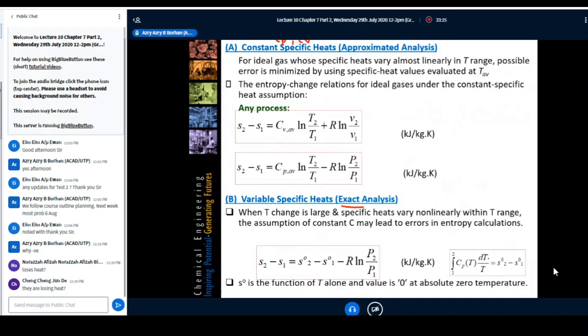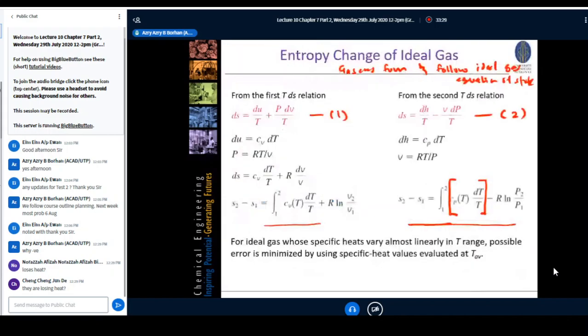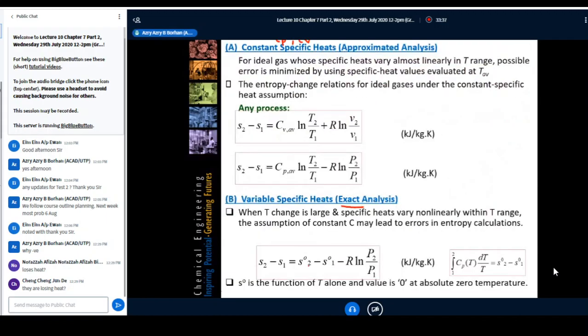So when we replace the integral of Cp as a function of T times dT over T with s naught 2 minus s naught 1 and put it back into this equation, you have this expression: s naught 2 minus s naught 1 minus R ln P2 over P1.